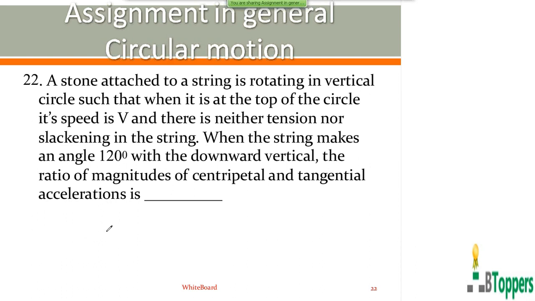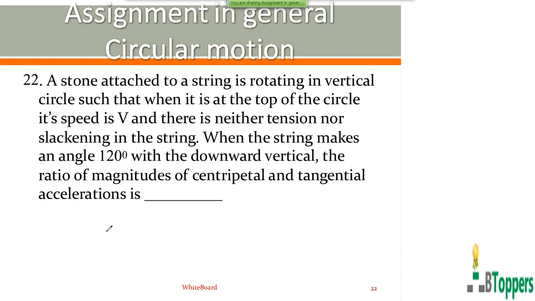To find the centripetal acceleration, you have to find the square of the velocity at the instant when the string makes 120 degrees with the downward vertical. The magnitude of the tangential acceleration in vertical circular motion is g sine theta.